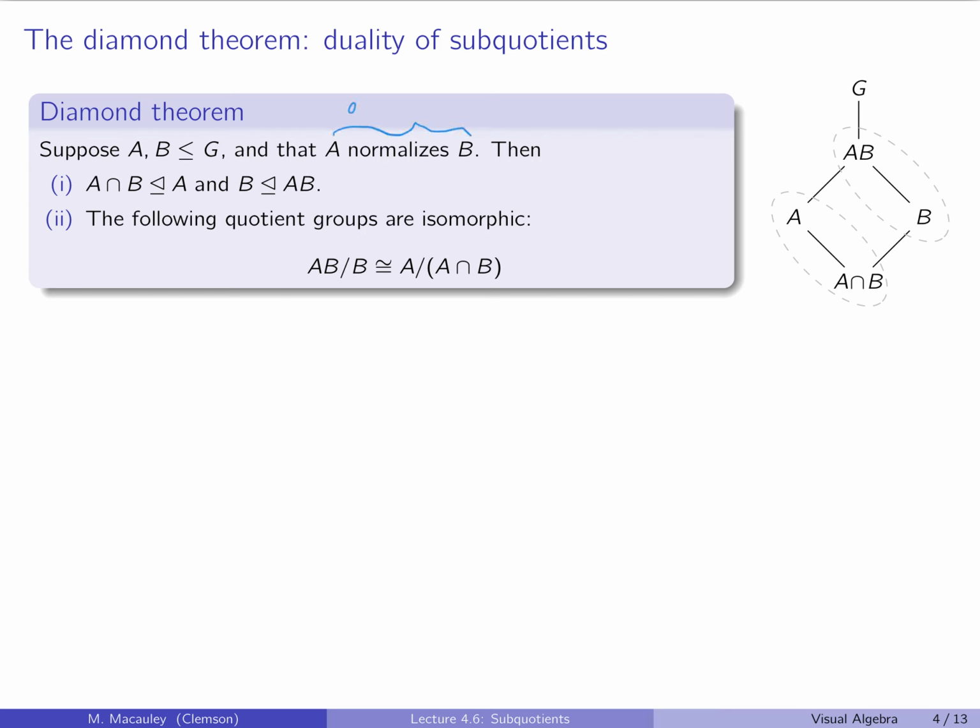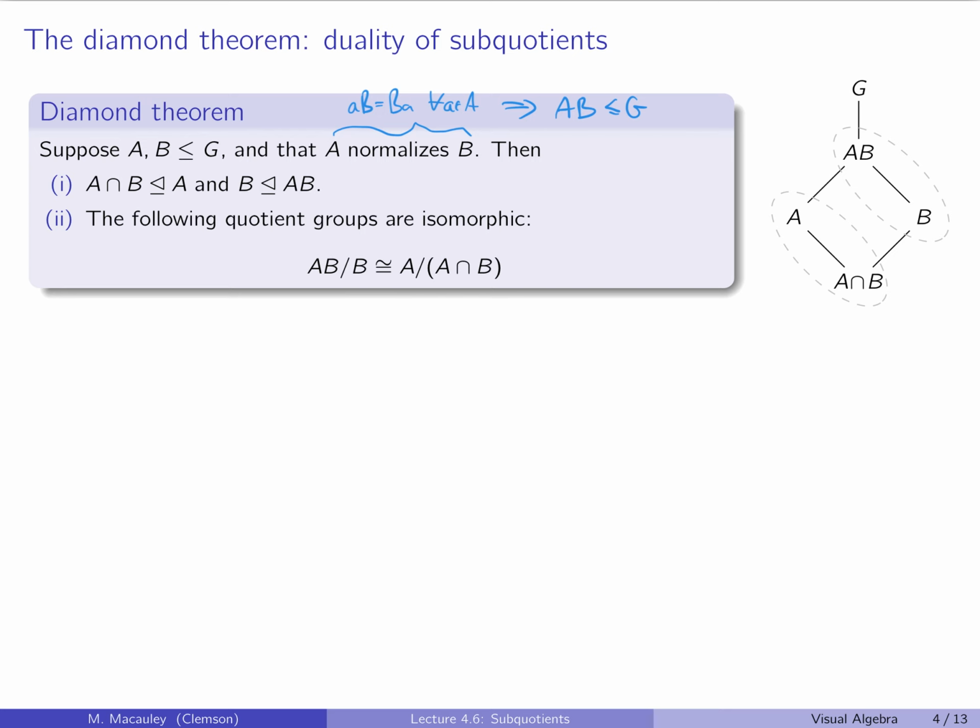By definition, that means that aB equals Ba for all elements a in A. But the important part of that is that it guarantees that AB is an actual subgroup of G. Then the first part says that A intersect B is normal in A, and B is normal in AB. And the second part says that the following quotient groups are isomorphic: AB mod B and A mod A intersect B.